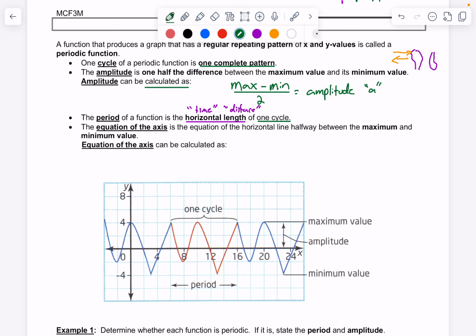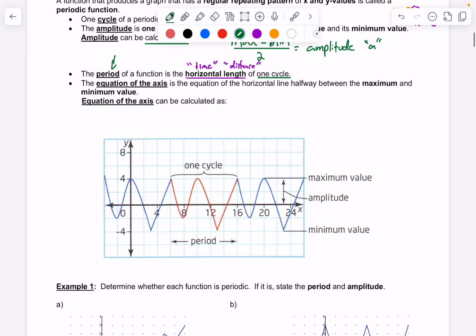But let's say you go for a jog. Now your breathing is going a lot faster. Your lungs are still expanding and coming back in. You're not changing the cycle, but you're changing how fast the cycle happens. And that's what period is, okay? So it's more about how long or how far it takes you to do one cycle.